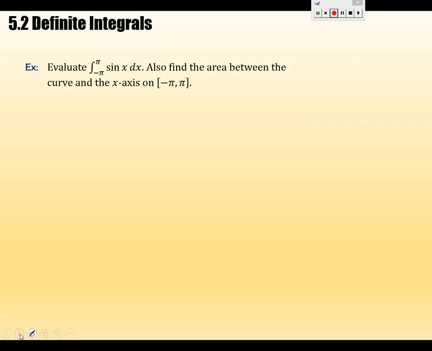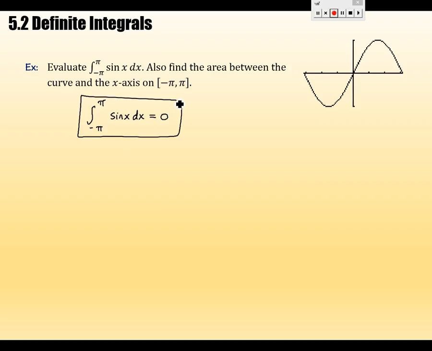So, all right. What do you get? You get 0 for this. There's the picture, by the way. And then the area, though.